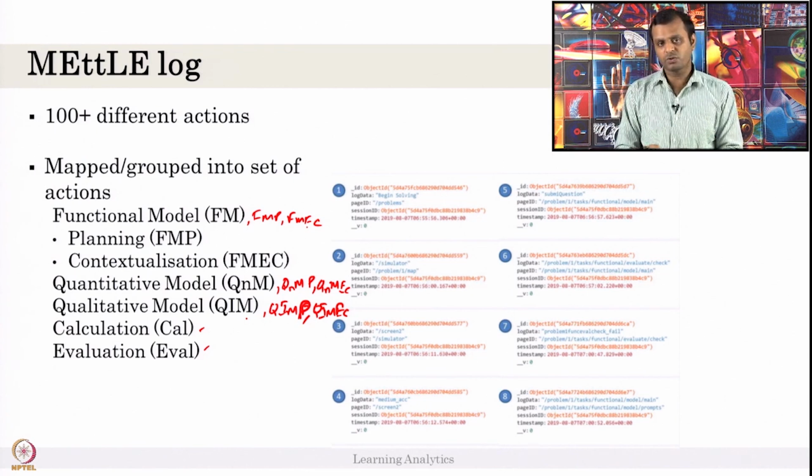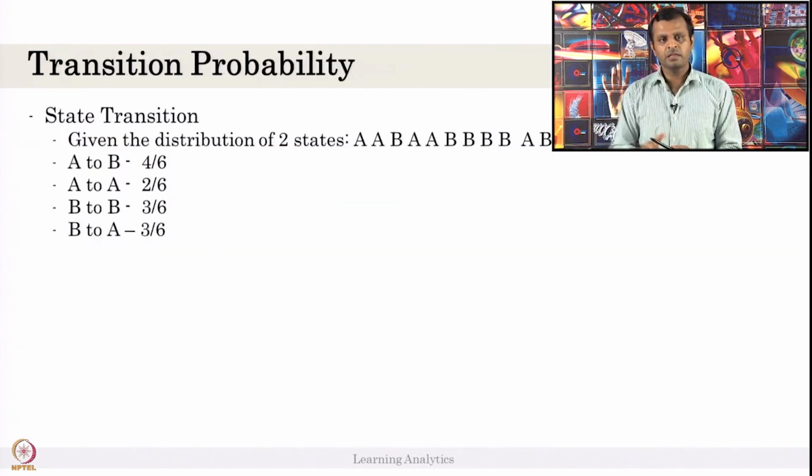Let us see how to compute the transition between these variables. Before we look at the MetaL transitions, let us see an example to explain what transition probability is.